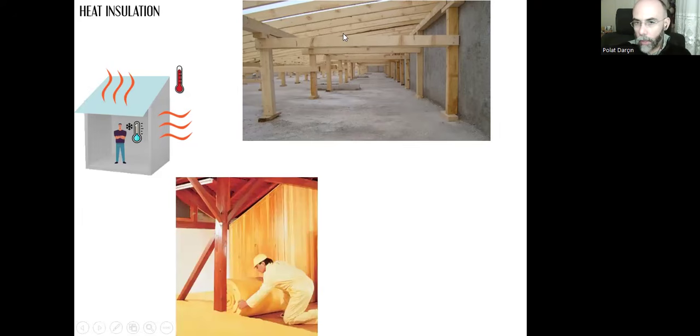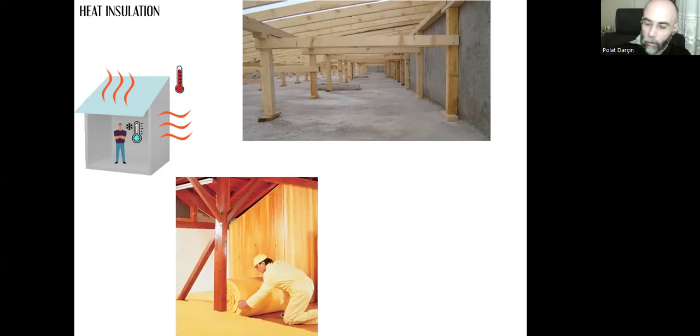If the space in between the rafters and the floor area, the ceiling of the top floor, inside these two surfaces is not going to be used by people, then we can prefer glasswool or rockwool.